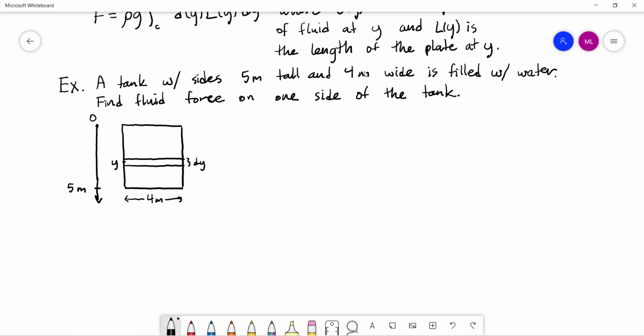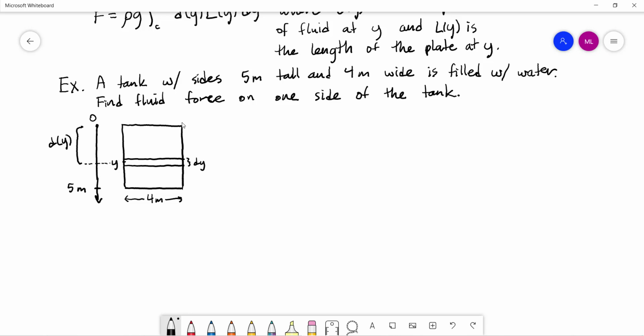And that means the distance from the top down to this point is my d of y, the depth that I'm interested in. Again, we could have put the origin down at the bottom and had y go upward, and the depth would just be 5 minus whatever the y value is. It's totally your choice, whatever one is more intuitive to you.